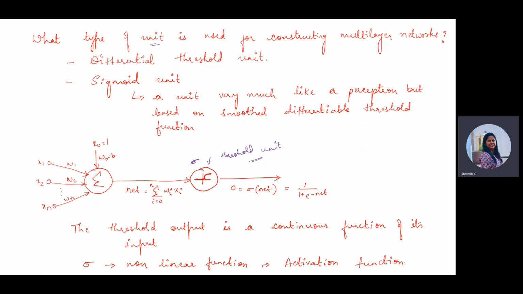But here in the multi-layer network, we'll be using a differentiable threshold unit, that is, a non-linear activation function. Sigmoid is one such non-linear activation function, which is given by sigma of x equals 1 divided by 1 plus e to the power of minus x, which is a differentiable threshold function.